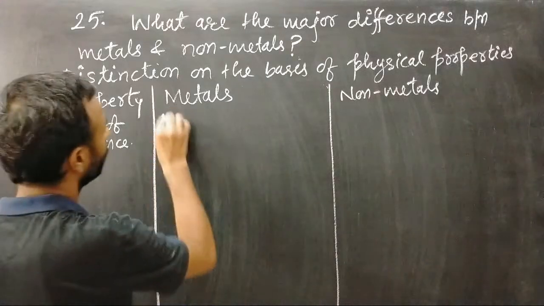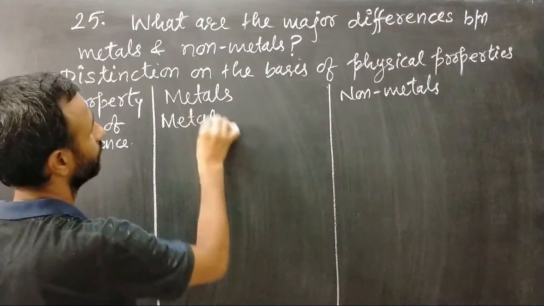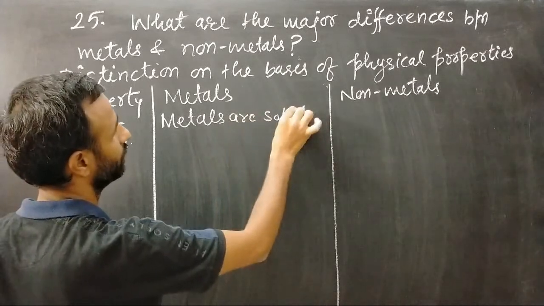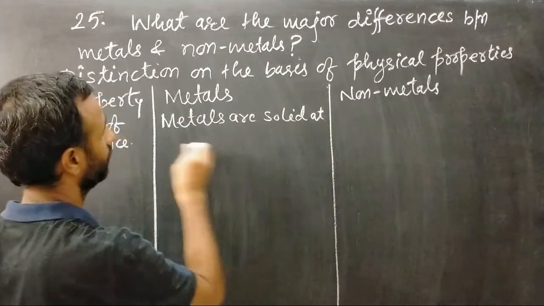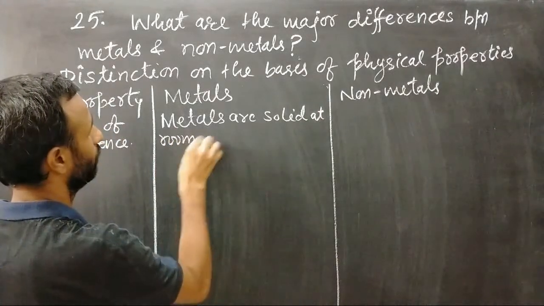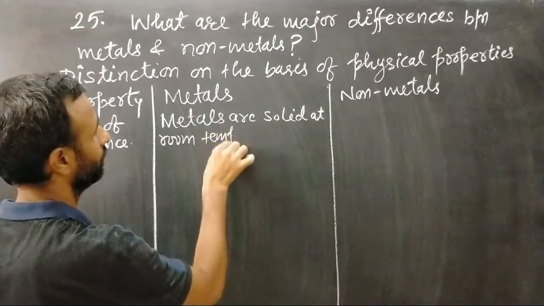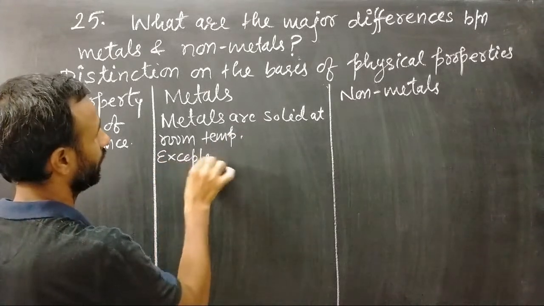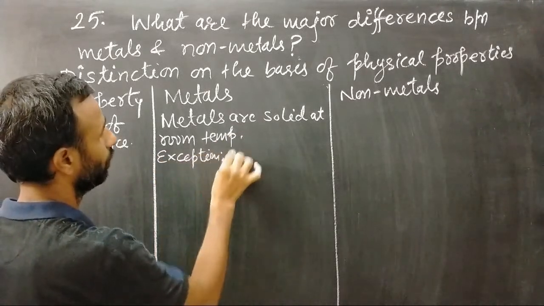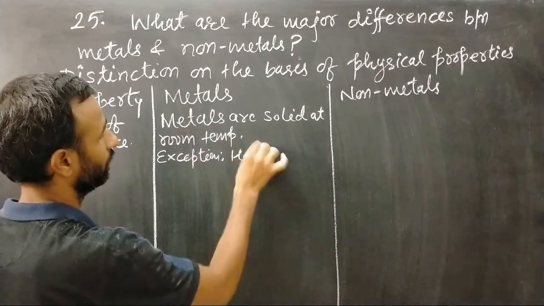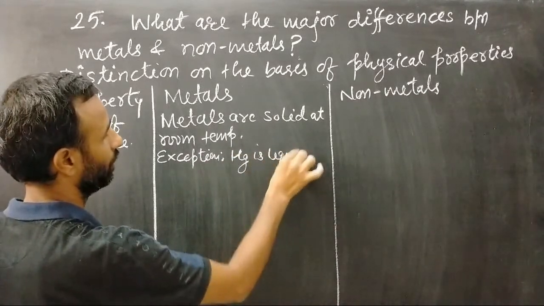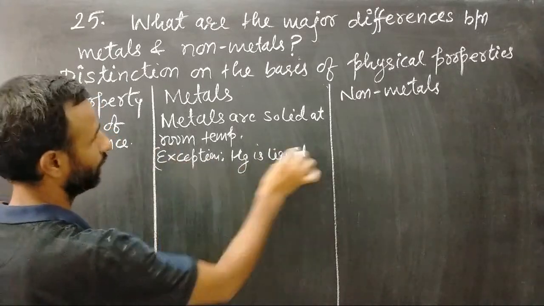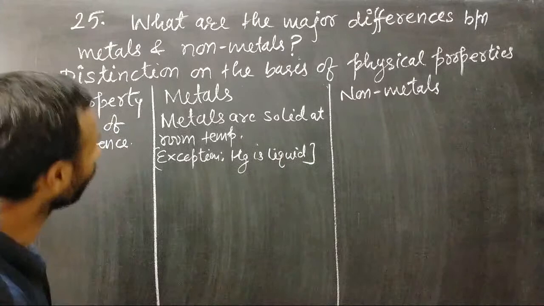You know, metals are solids at room temperature. There is only one exception, and that you all know, mercury is the only liquid metal. Mercury is liquid, except that all are solids.